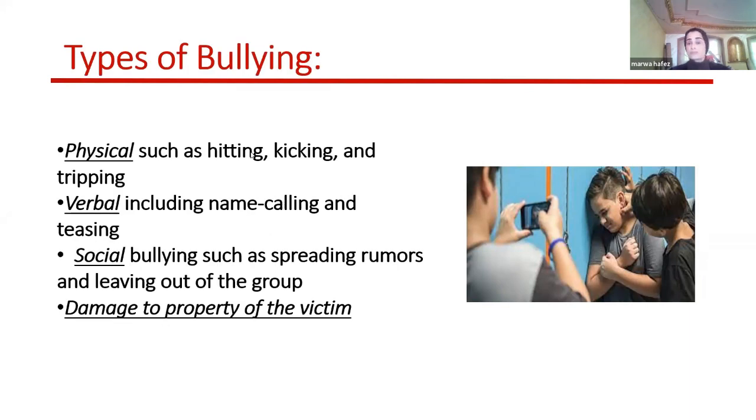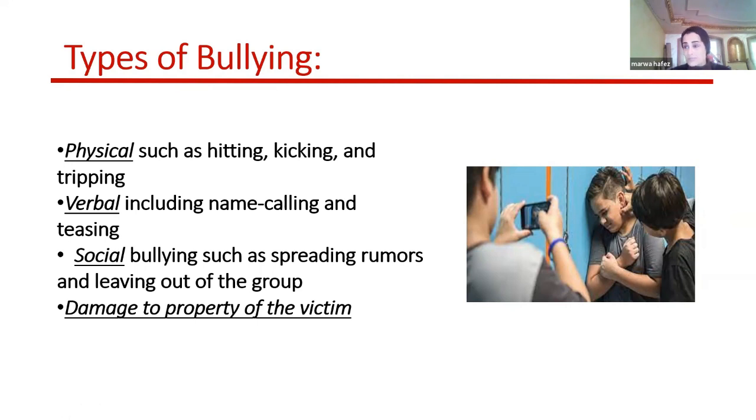Okay. Types of bullying. There are many different types of bullying. Physical bullying is like kicking, hitting, tripping, biting, as you see in the picture. Verbal bullying is like saying bad words, insulting, humiliating, degrading. Social bullying is, for example, spreading rumors.